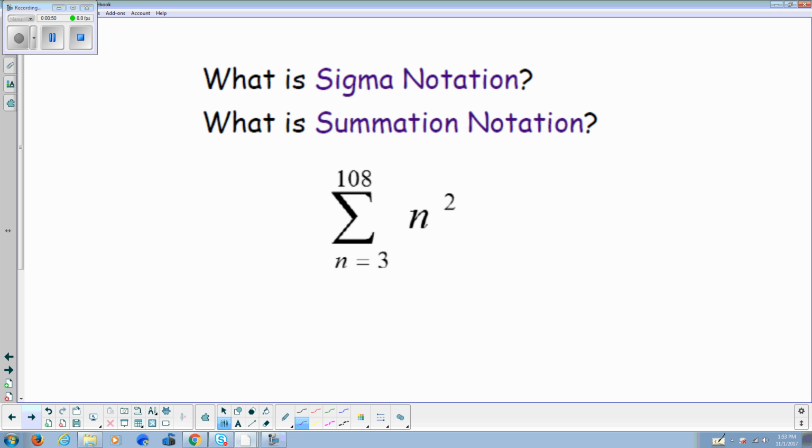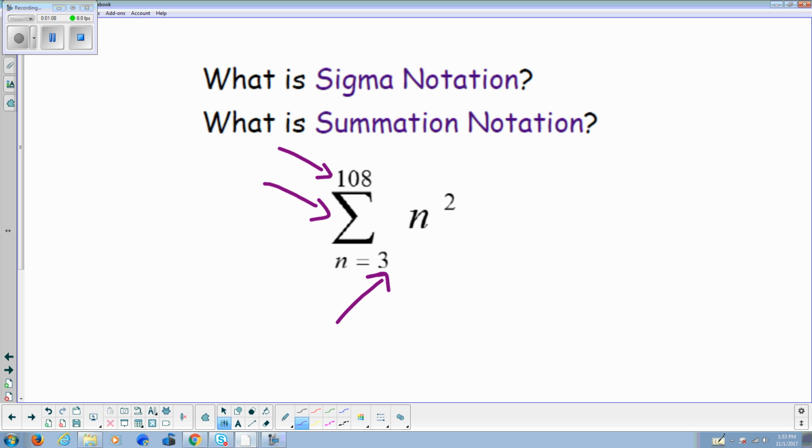So what is sigma notation or what is summation notation? This is an example. What we see here is the Greek letter sigma, with some lower limit and some upper limit.